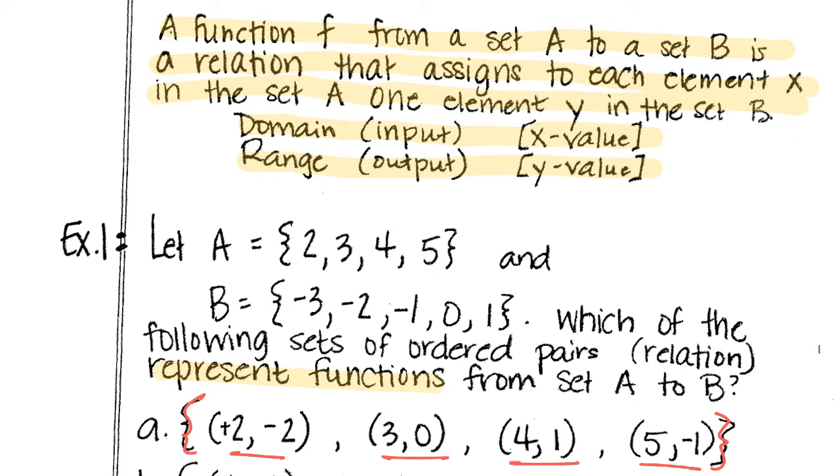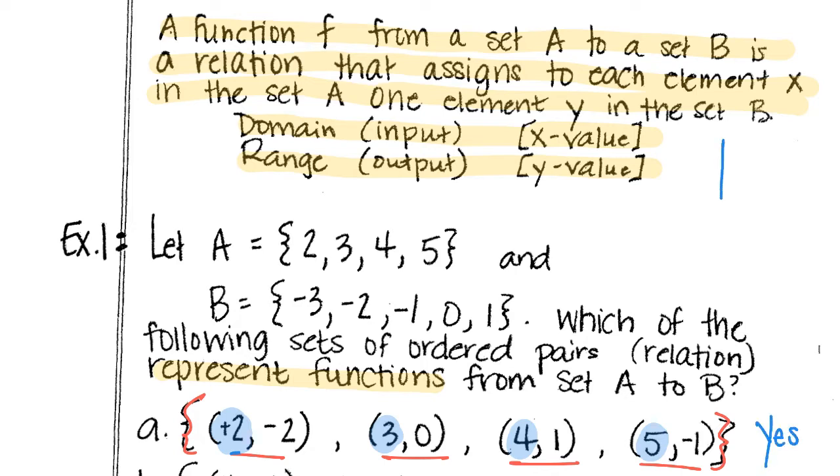Well, let's look. We have a 2, a 3, a 4, and a 5 in our x domain. If it is not repeating, meaning it's only shown here once, then it is a function.